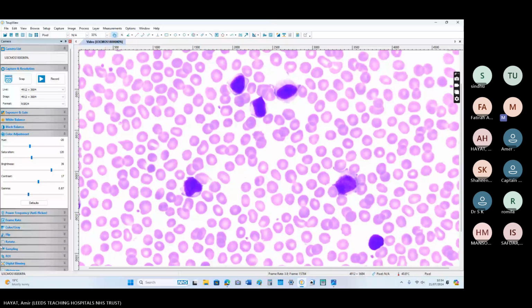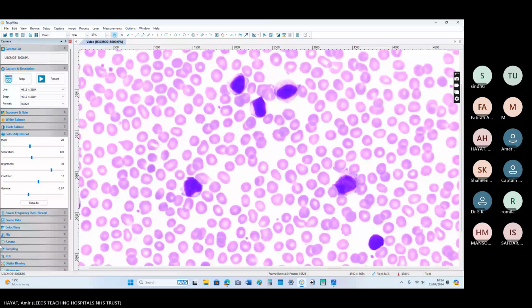I don't remember. Any molecular mutation? Presence of TP53 is associated with bad prognosis, CD38 and ZAP70, and IGHV unmutated is also bad. What about NOTCH1? NOTCH1 is also a bad prognostic marker.